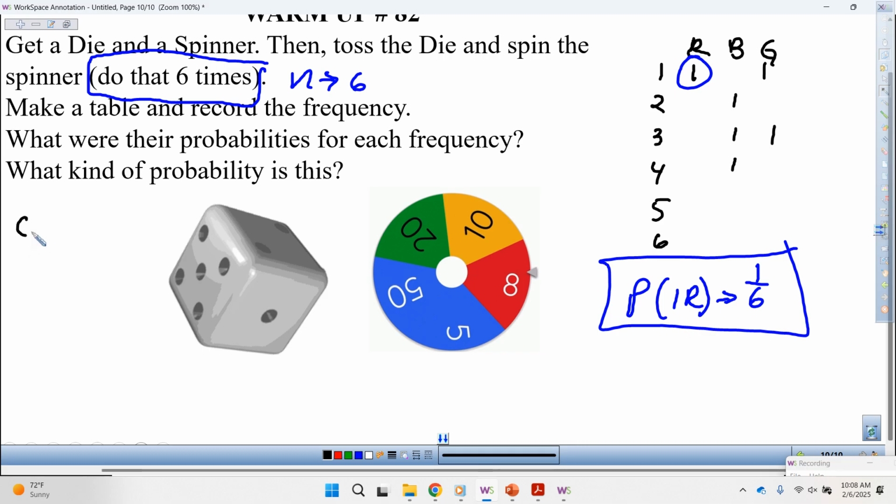It's either classical, empirical, or subjective. That is correct. Empirical. Tell your neighbor why it's empirical, everyone.